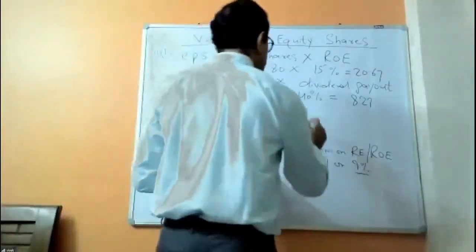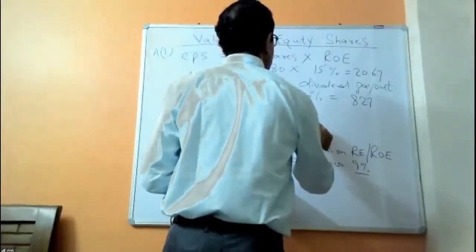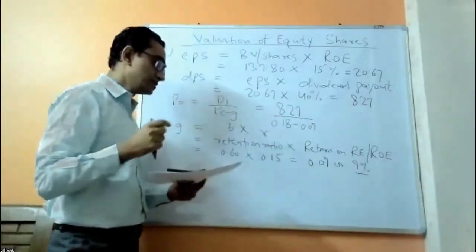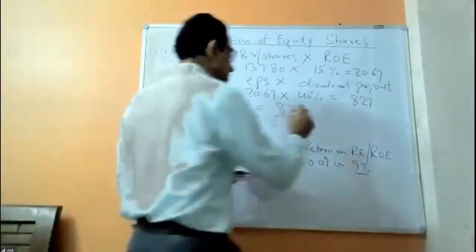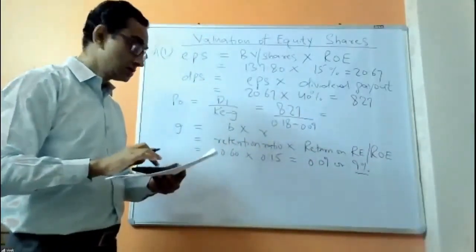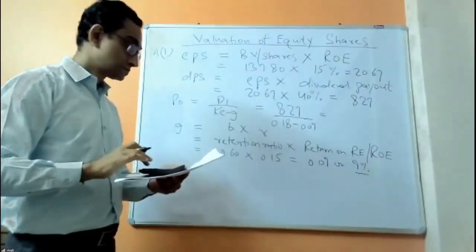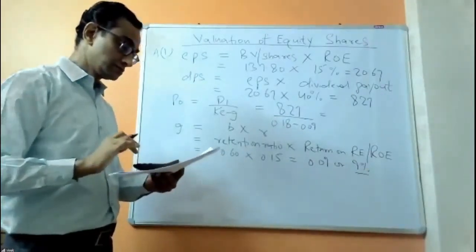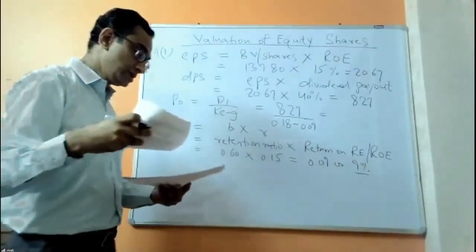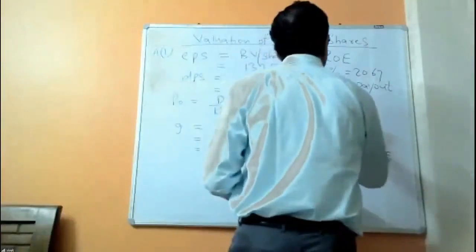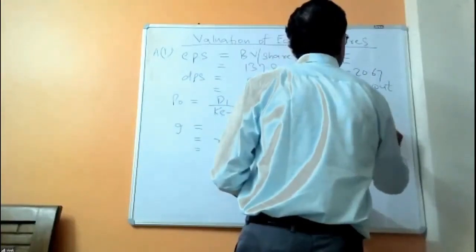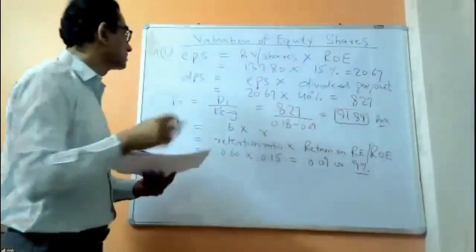Now let us apply this into the formula. D1 we have already calculated, 8.27. This is the cost of equity given in the question, 18%, minus the growth rate, 9%. Calculate this. It is basically coming to 91.89. So this 91.89 is the answer, that is P0.